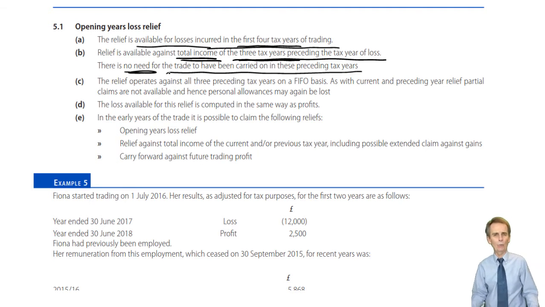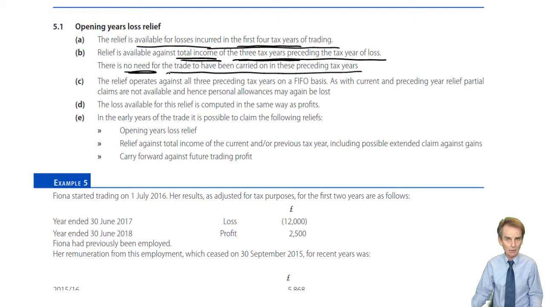So in that example 4, the loss of £16,000 that arose in the 16-17 tax year, we could take that back and set off against the total income of, firstly, 13-14, 3 years ago. No partial claims again, like we saw with our normal current and 1 year carryback. No partial claims. Go against total income.